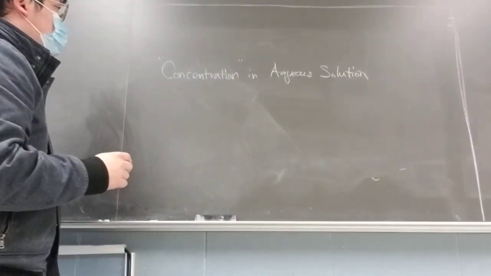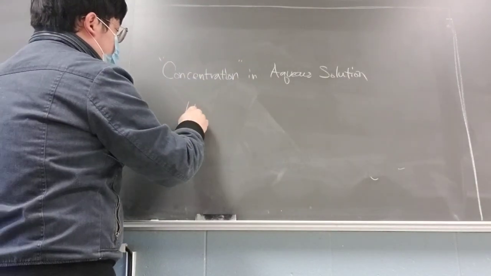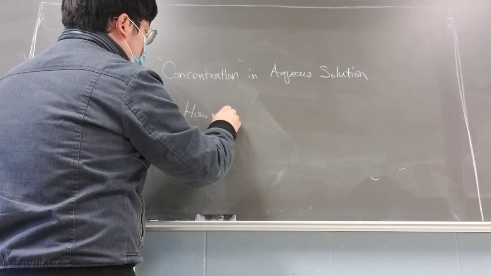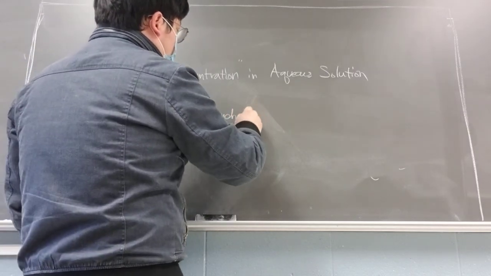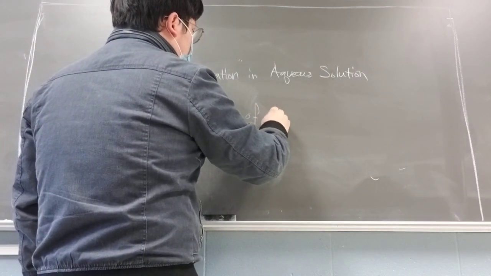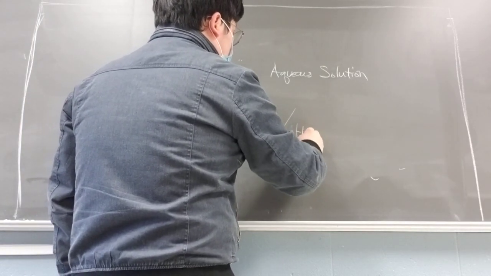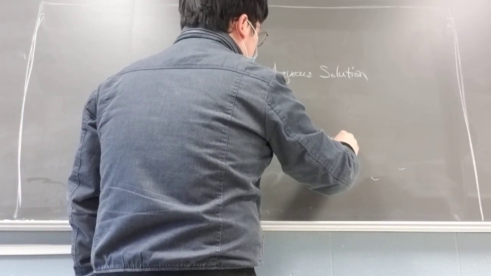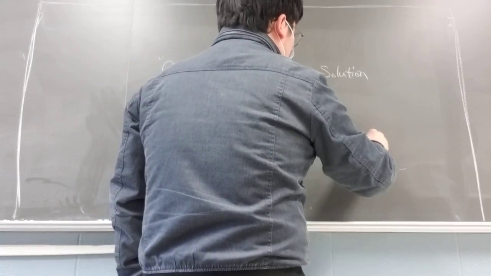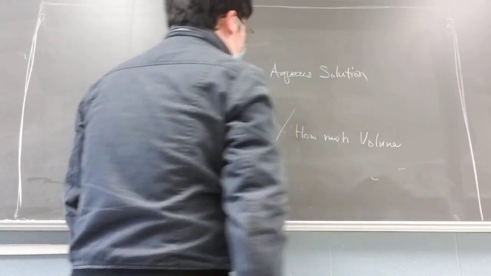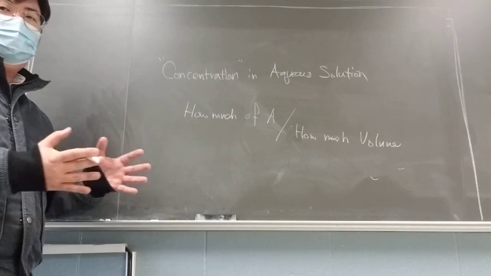So concentration is simply how much you have of something, maybe compound A or molecule A, in how much large space, volume. This is literally what it means, how concentrated your solution is.